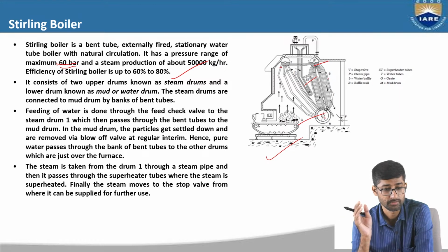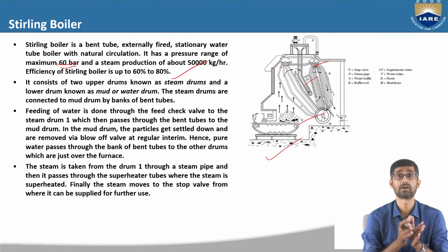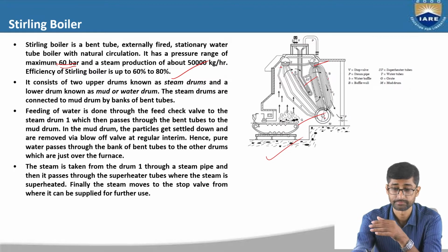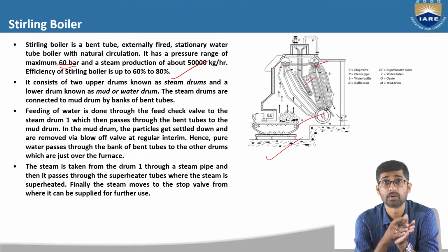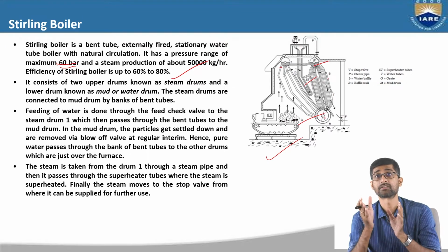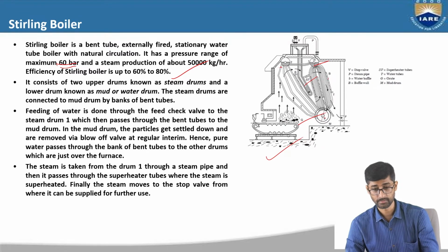Hence, the pure water passes through this bank of bent tubes to the other drums, which are just over the furnace. The steam is taken from drum 1 through the steam pipe, and then it passes through the superheater tubes, where the steam is superheated. Finally, the steam moves to the stop valve, from where it can be supplied for further use. So this is all about Stirling boilers.